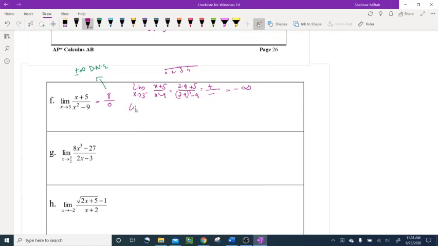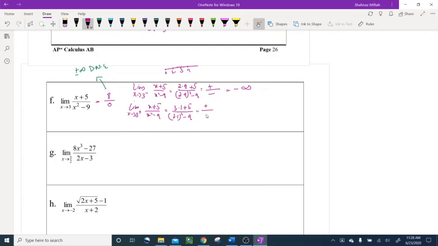Let's try the limit as x approaches 3 from the right, x plus 5 over x squared minus 9. So plug in from the right side. I'm going to pick 3.001 or just 3.1, very close to 3. So let's do 3.1 plus 5 over 3.1 squared minus 9. This is going to give me positive.